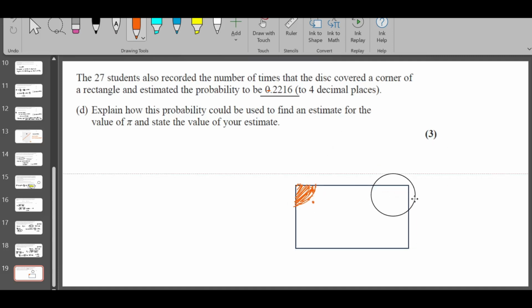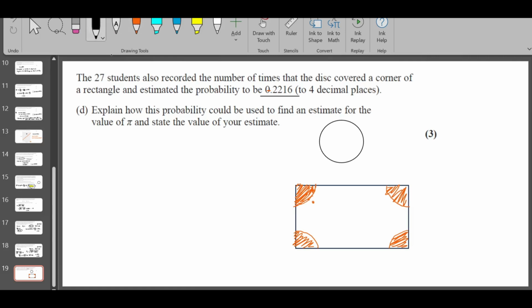So it's the same thing here also, same thing here also. So basically you are getting 4 quarter circles here. And since the length is 5 centimeter and the width is 3 centimeter, there is no overlap of these quarter circles. So these are all the required area where if you land the center of the circle, it will definitely cover the corner. So when you add up, it's 4 times the area of a quarter circle.